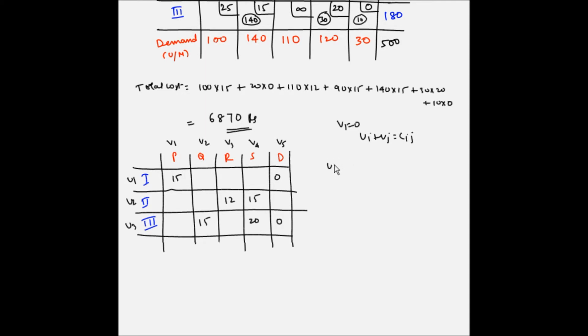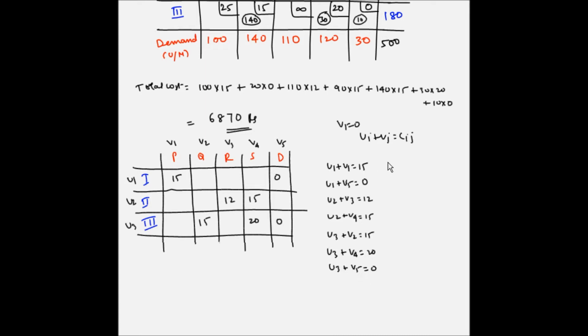So U1 plus V1 equals 15, U1 plus V5 equals 0, U2 plus V3 equals 12, U2 plus V4 equals 15, U3 plus V2 equals 15, U3 plus V4 equals 20, and U3 plus V5 equals 0.